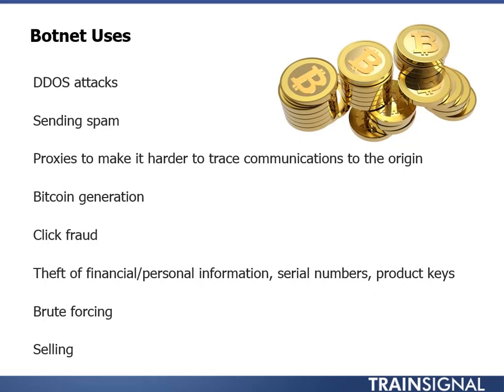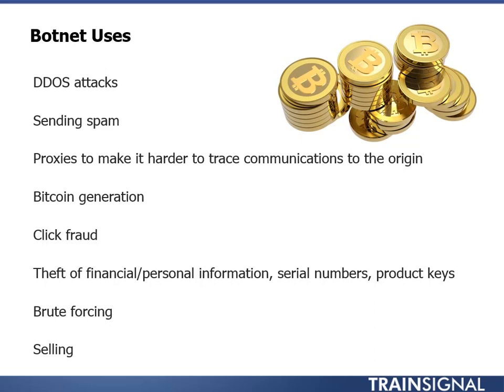Botnets are also used for proxies. An attacker who is sneaking through a system never wants it to be traced back to his home IP address. He's literally on a computer at his home with a public IP address that's immediately traceable back to his house. So he doesn't want somebody to ever see his IP address. So he'll log into one computer on a botnet and send all of his traffic through that computer. Better yet, he'll probably log into 5 different computers and bounce traffic through those 5 different computers.